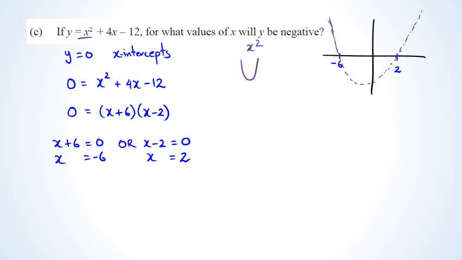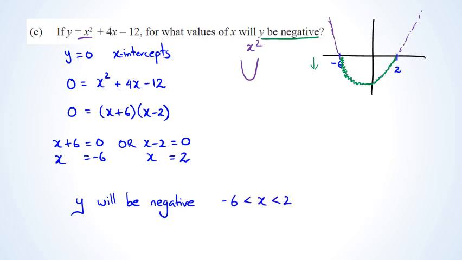I know it's not a perfect parabola, but I just want you guys to see the idea here. The question is asking, when will y be negative? You can see that the y value is negative when it's below the x-axis, and the graph is below the x-axis all along here, all the way up to just before 2. So we can basically say y will be negative between -6 and +2.